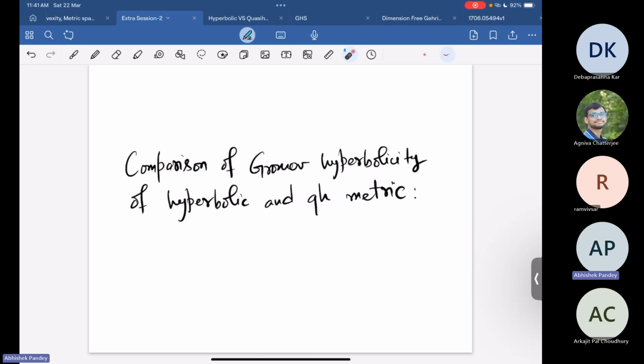So it is natural to ask whether there exists any domain which is Gromov hyperbolic with respect to the one metric, but not with respect to the other metric. We'll see the answer to this one.